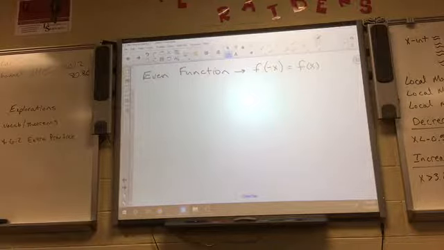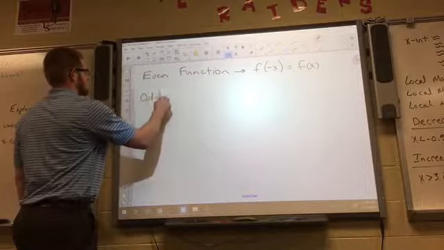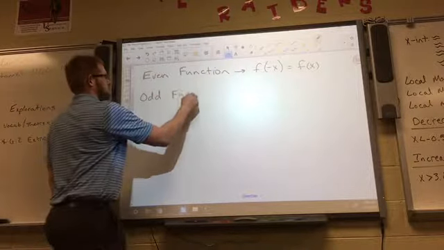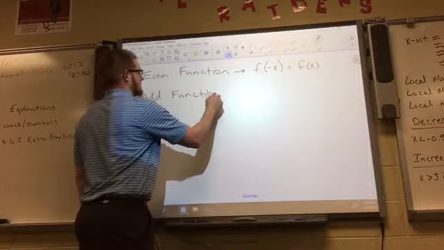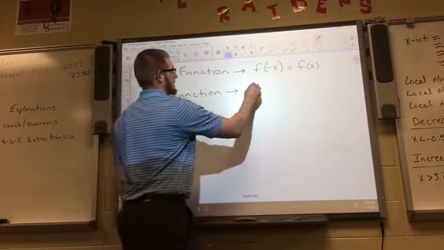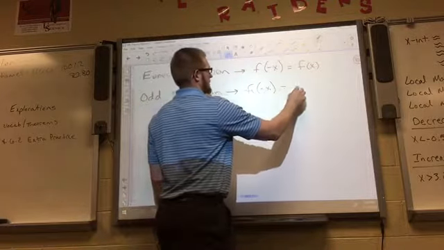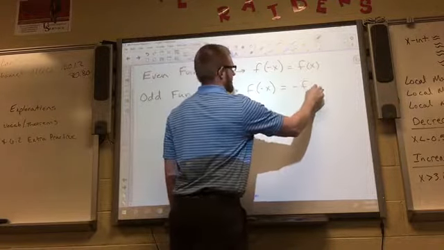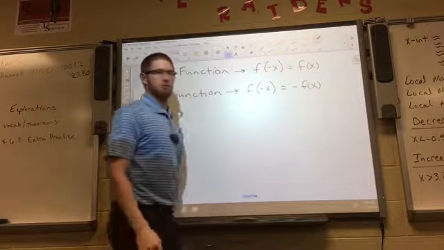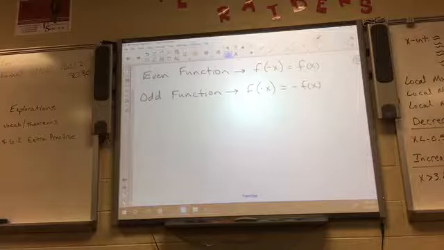Okay? It is an odd function when I plug in negative x, and it comes out and every single sign is exactly opposite. Meaning if it was plus x squared, it's now minus x squared. If it was minus 6, it's now plus 6.